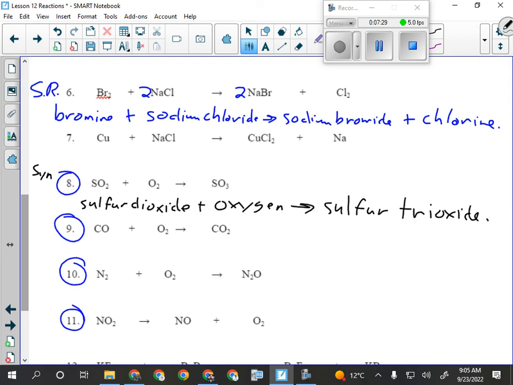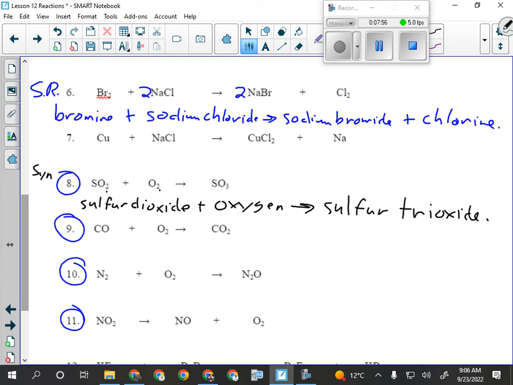Because oxygen is in every single part of that reaction. But when we're balancing, we're still only concerned with, do I have the same amount of oxygen on the product side as I have in total on the reactant side? So if I'm looking at this equation right now I have 4 oxygens on the reactant side, 2 here and 2 here.